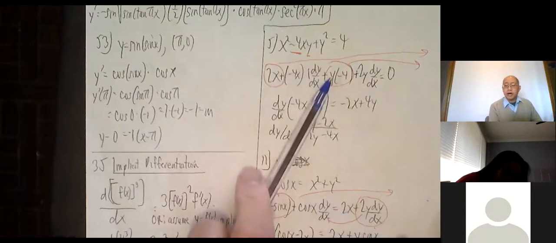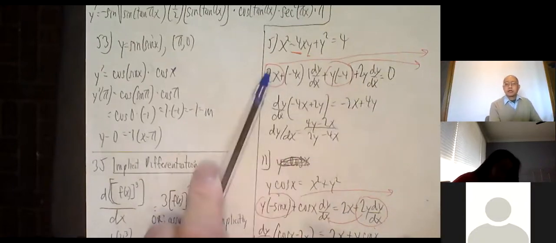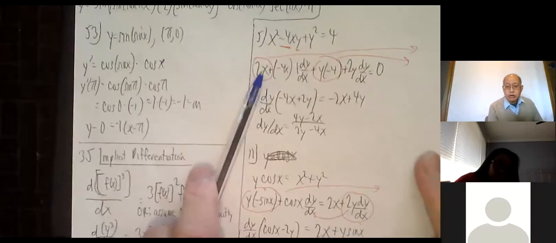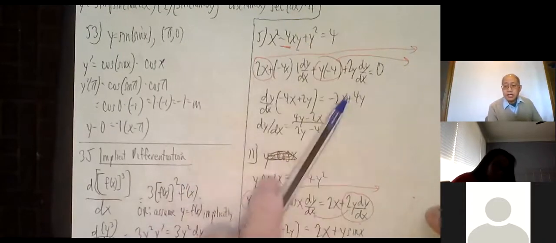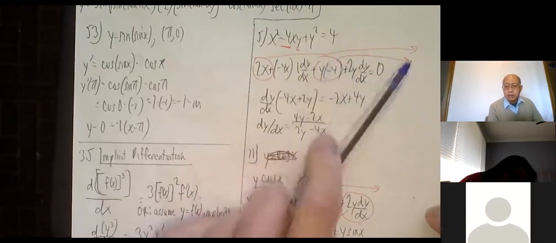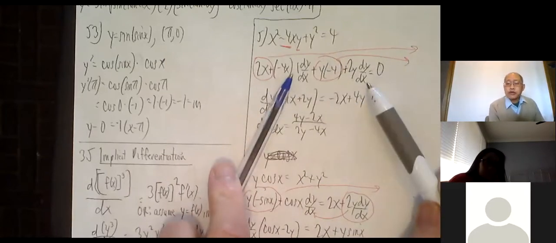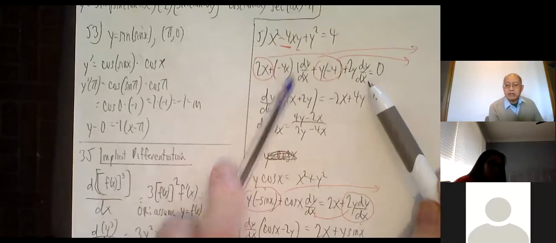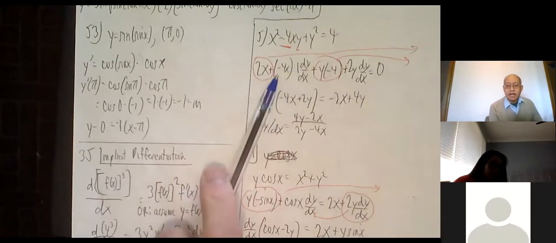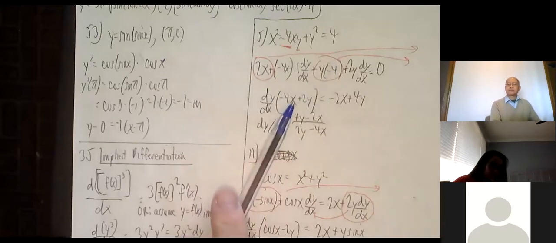The negative 4y moves over, becomes a positive. Okay, so this then that I have circled in red goes over as a negative. This goes over, it'll become a positive. And let's see, that one and that one both have a dy dx, right? So I factor out the dy dx, and I'm left with negative 4x plus 2y.